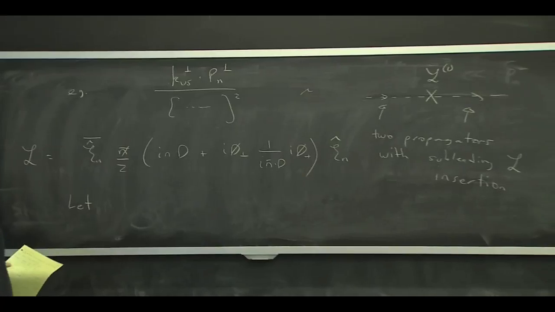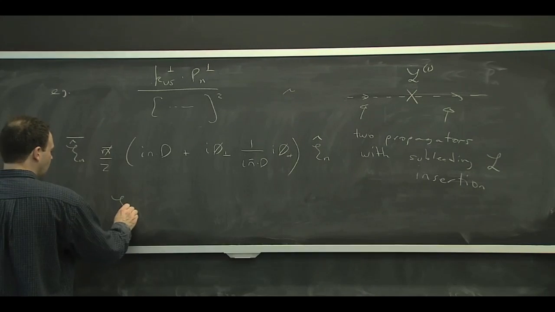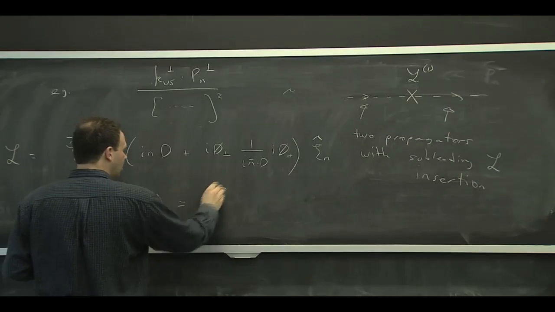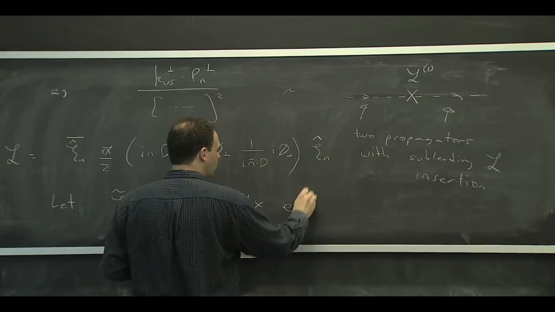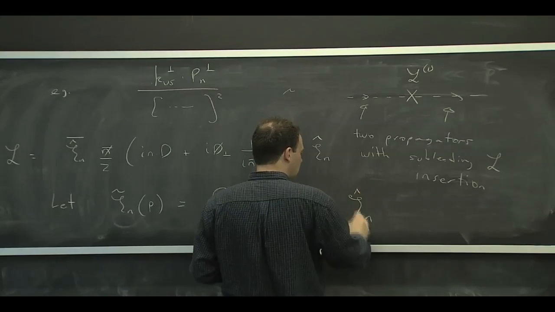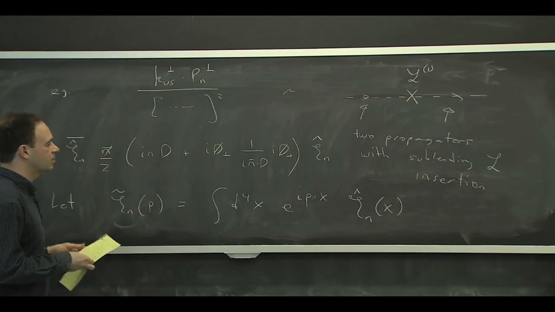So I want to do the expansion in momentum space, so let me Fourier transform. So I'll call psi n twiddle of p the full Fourier transform of this guy, which was previously just a field of x.